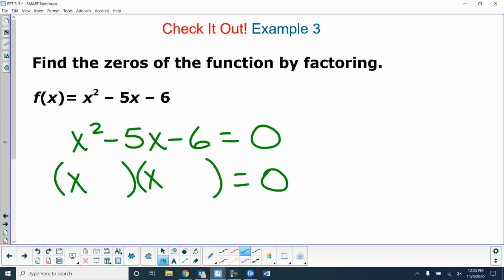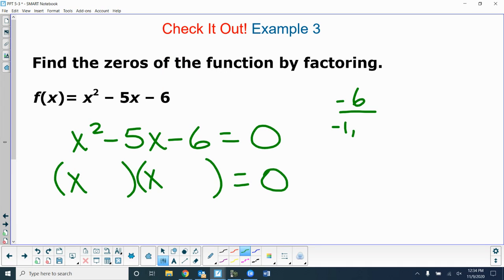So what happens if we forget it's a special trinomial and we just factor as a regular? It'll still work. Good question. If you miss it at number 4, and you go down to number 5, you'll still get it. It's just a little quicker if you recognize it, that's all.